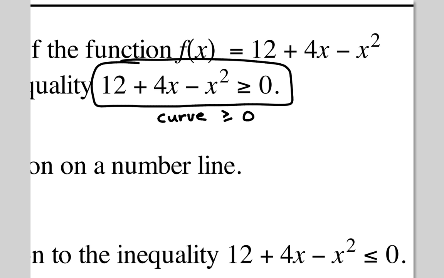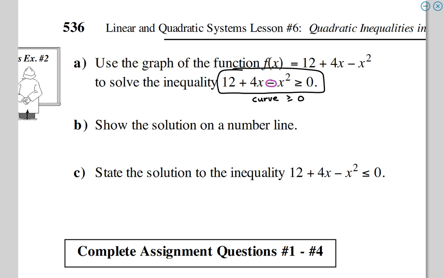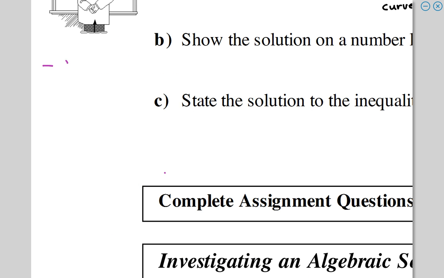Now, what does the lead coefficient tell you? What does negative a say? Negative a says we do this. Positive a says we do this.